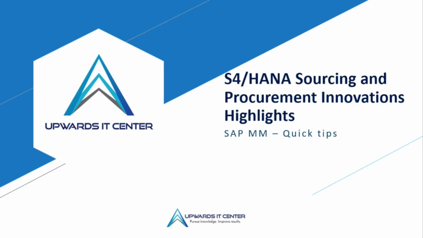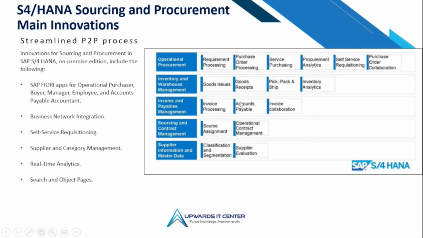We will talk about the simplification list and how to consult the changes in this document in some next video. The first topic about the S/4HANA sourcing and procurement main innovations is the streamlined P2P process.